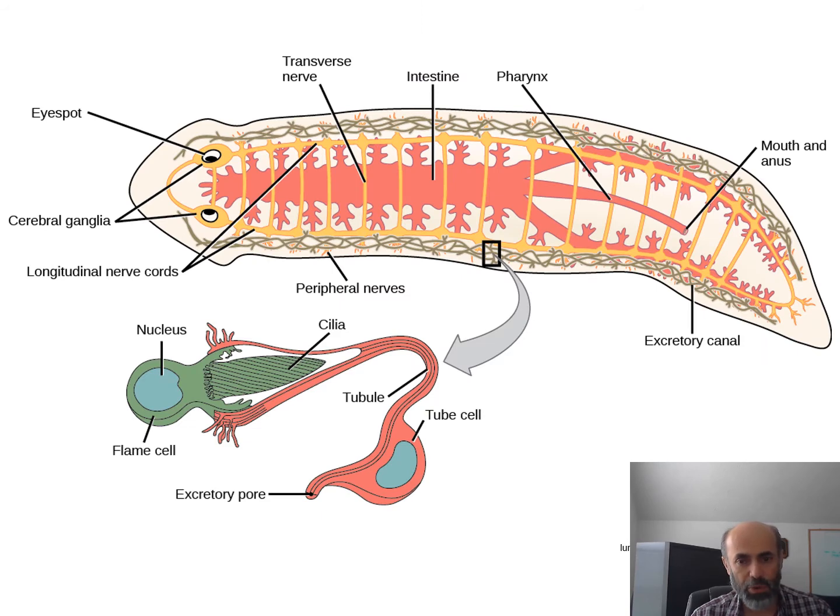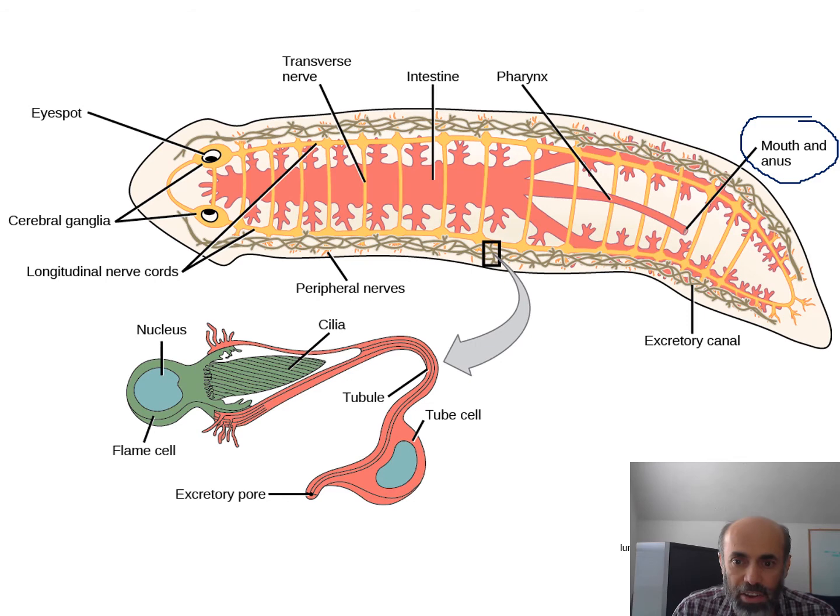This one is taken from somewhere else to show a little bit more detail of their digestive system. So you can actually see the digestive system has both openings, mouth and anus, the same. And after that is a small throat-like area, which is called the pharynx.